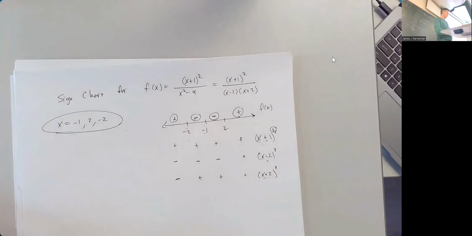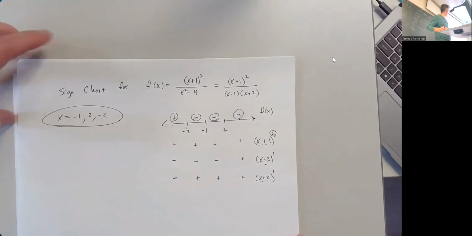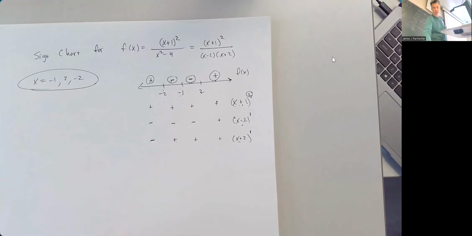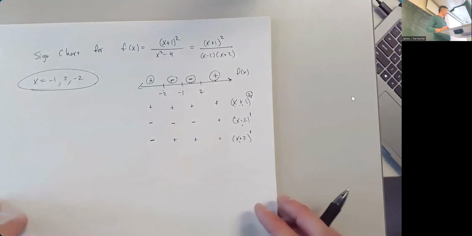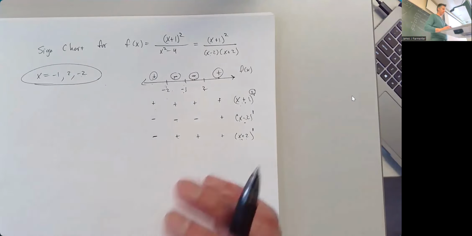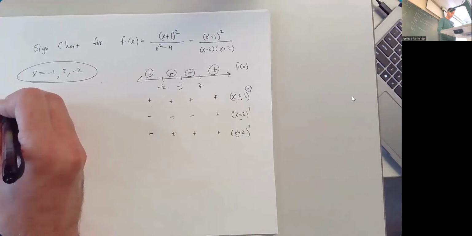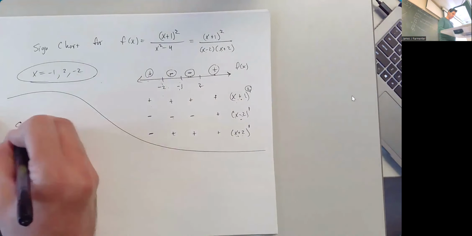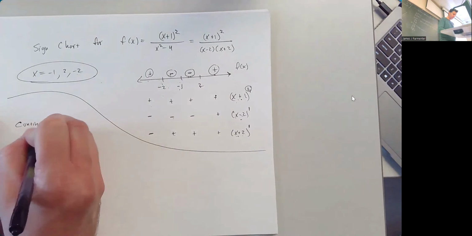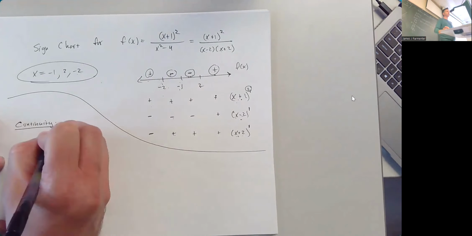Let's look at another example with a slightly different kind of thing. I feel like we should start talking about continuity, and we'll try to incorporate this. Continuity. Here's a good place to start.